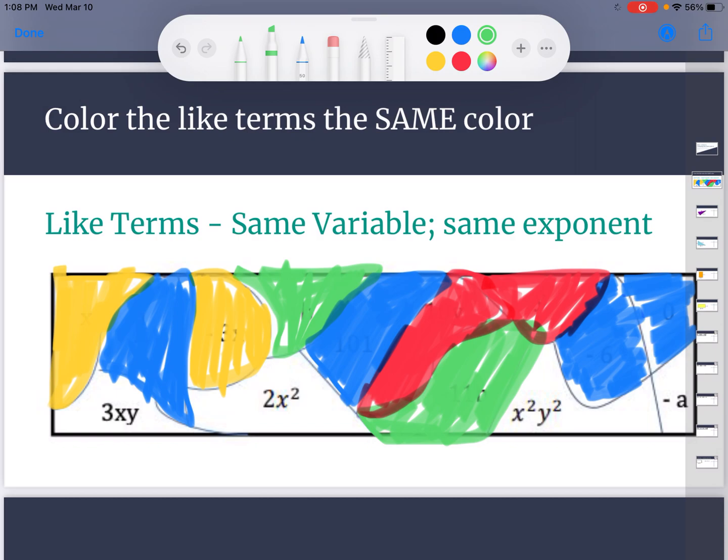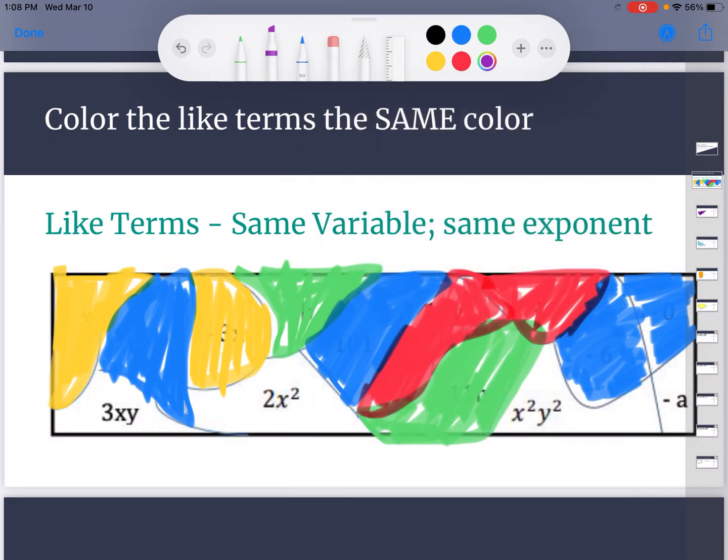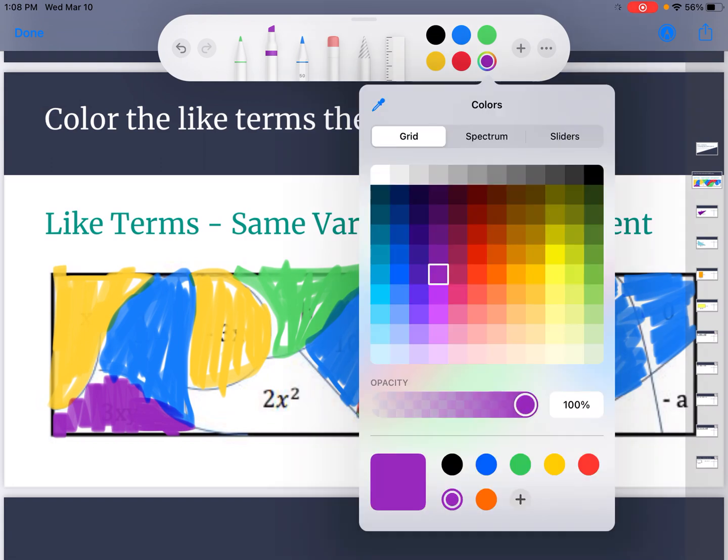So xy is all by itself because this other one is xy squared, or x squared y squared.